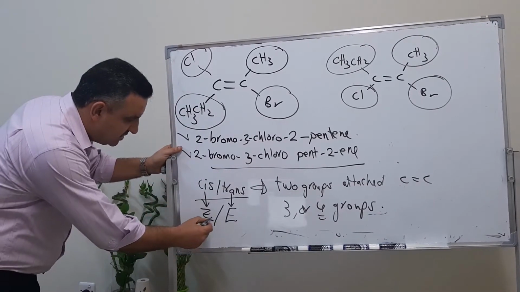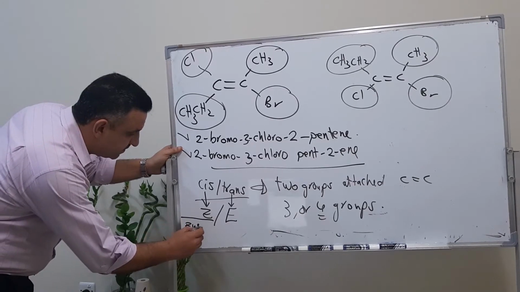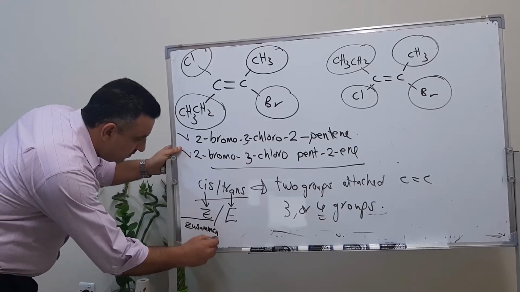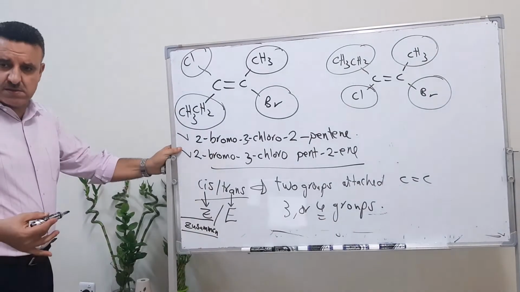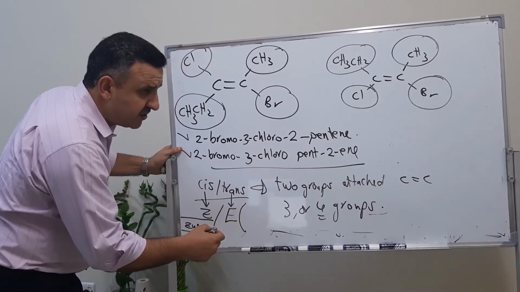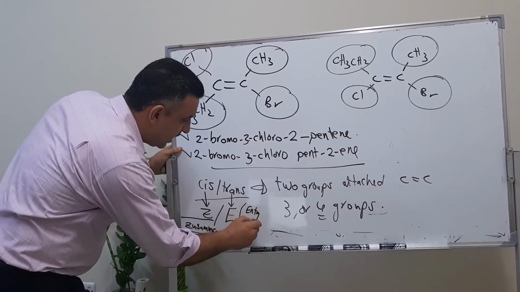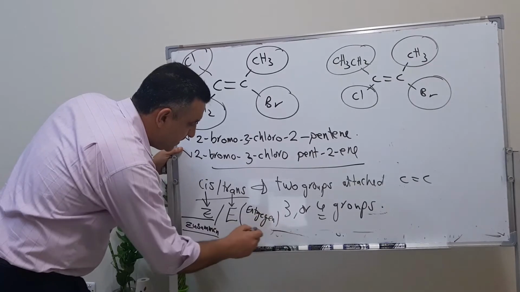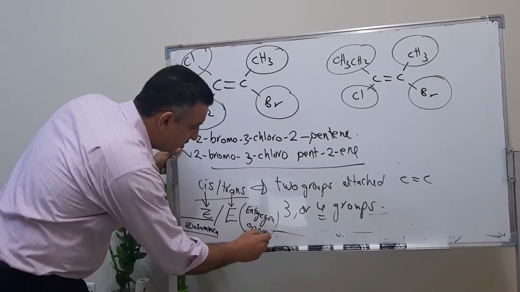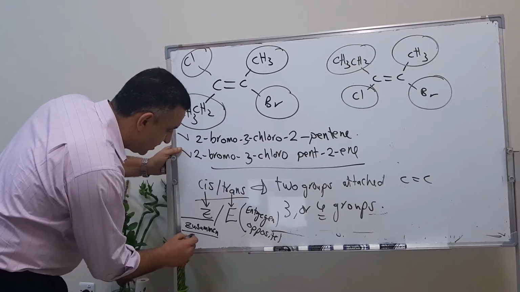The Z comes from a German word, zusammen, which means together, the same plane. While E is the first letter of a German word, entgegen, which means opposite to each other. So this is together.